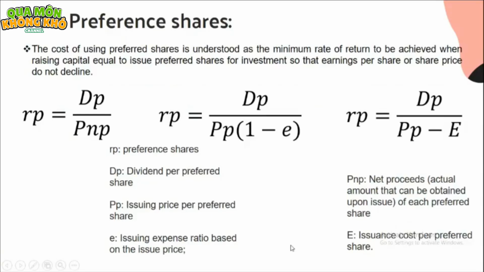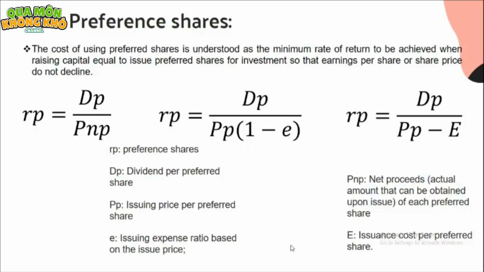Next is about the preference shares. The cost of using preference shares is understood as the minimum rate of return to be achieved when raising capital through preferred shares for investment, so that earnings per share or share price do not decline.